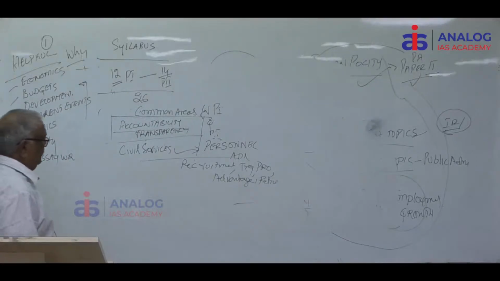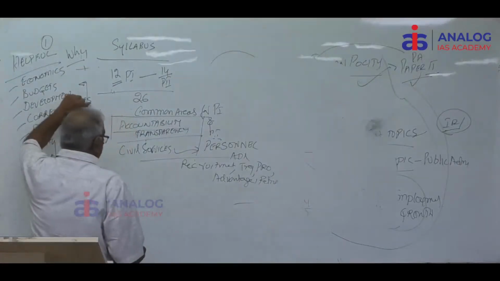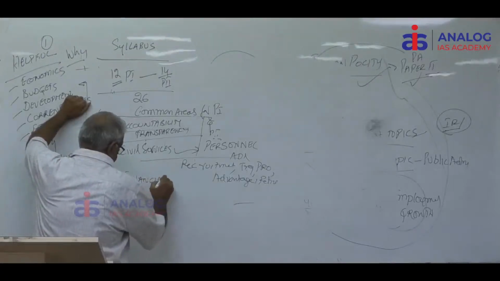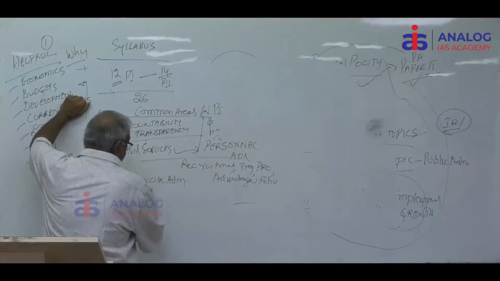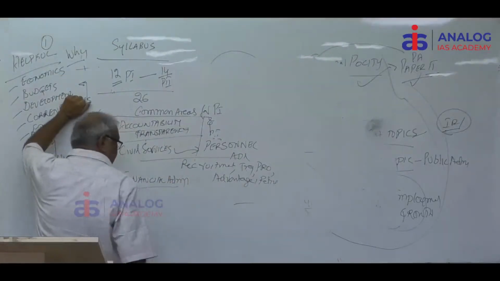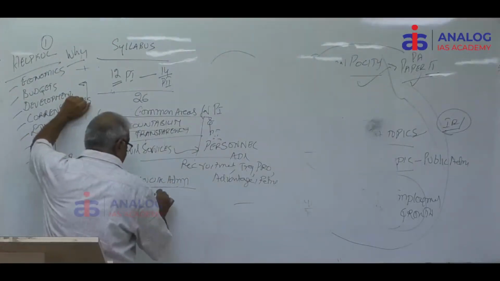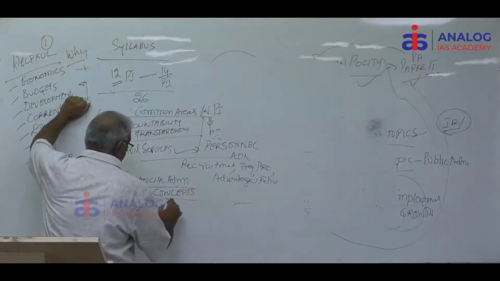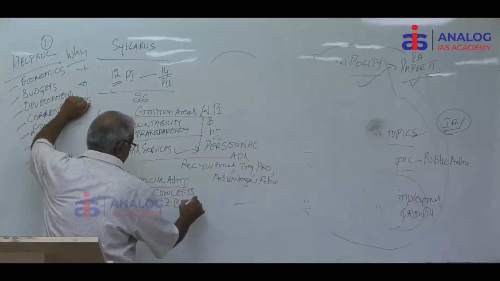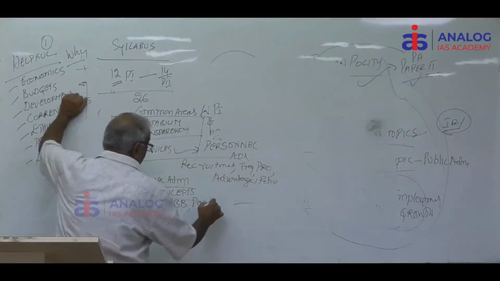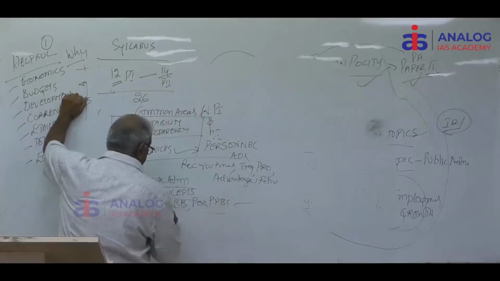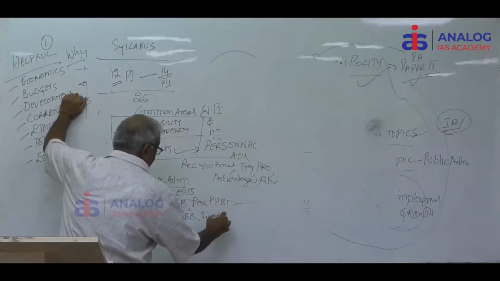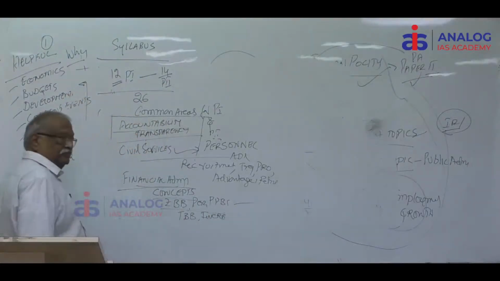Civil services. Then we have another topic called financial administration. This is a common topic in both paper 1 and paper 2. In paper 1, we discuss the concepts of budget. What are the different concepts? Generally, we have the zero-based budgeting system, then the performance budgeting system, then the planning, programming budgeting system, then the target-based budgeting system, then the incremental budgeting system, etc. So many.